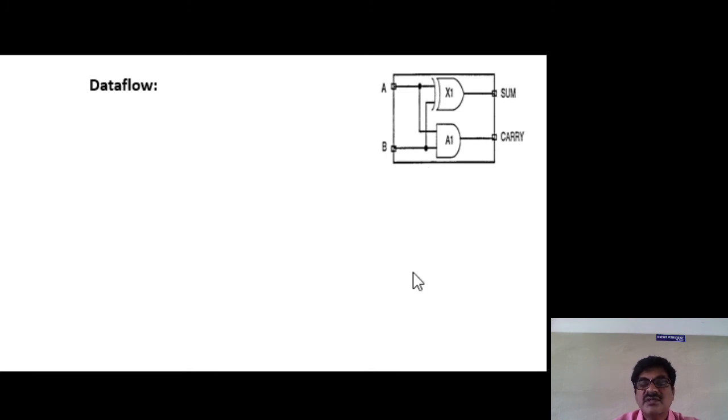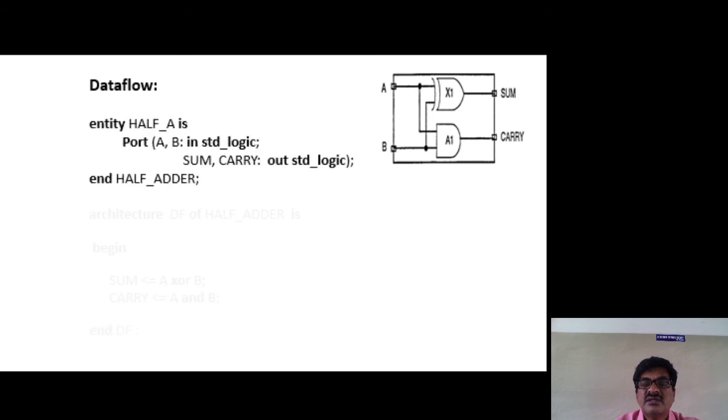Based on the Boolean equations, the data flow style of programming is usually used if you know the Boolean expressions. The Boolean expression for sum is A XOR B, whereas for carry it is A and B. Now let us first declare the entity for this half adder.